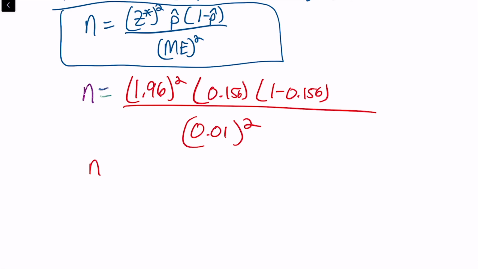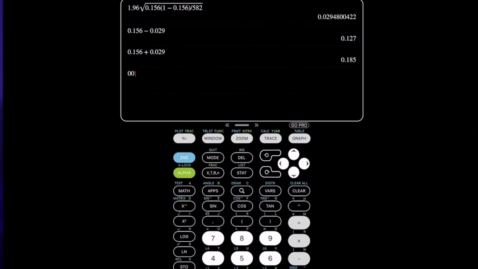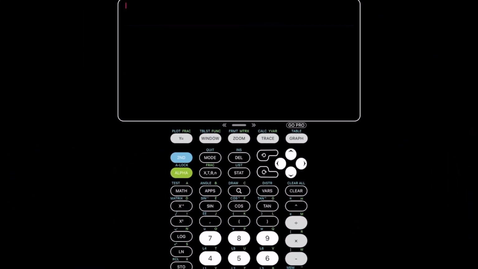All right, let's go to our calculator. It's going to be 1.96 squared times 0.156 times 1 minus 0.156, all of that divided by 0.01 squared.